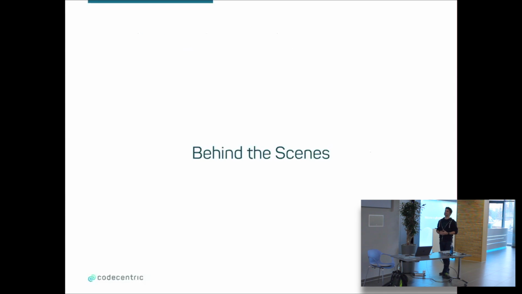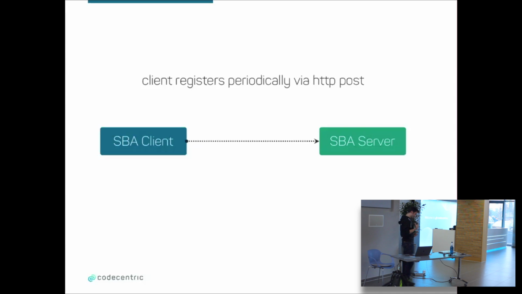That's for the basics. Now have a look at what's happening behind the scenes. As mentioned, the client, when it's configured and the auto configuration triggers, just starts a thread and registers periodically at the admin server.